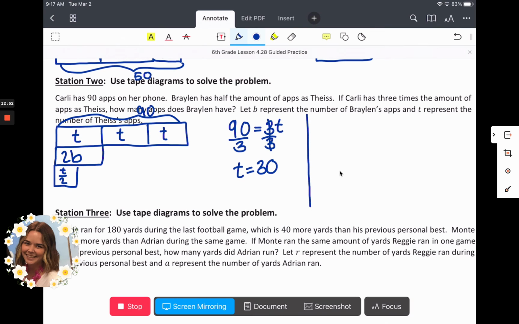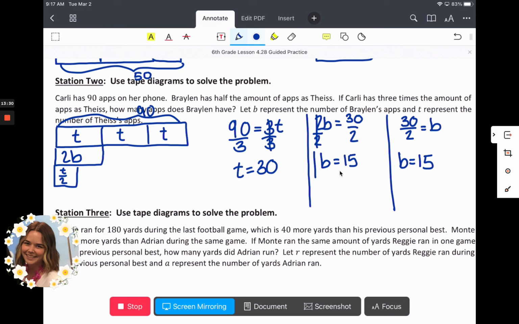We could say that 2b equals 30, or we can divide 30 divided by 2 equals b. Either way, we're going to find the same answer. We can divide by 2 and divide by 2, and we're left with b equals 15. Or if we chose to divide, we divide 30 divided by 2, and we're left with b equals 15. So either way, Braylon has 15 apps on his phone.